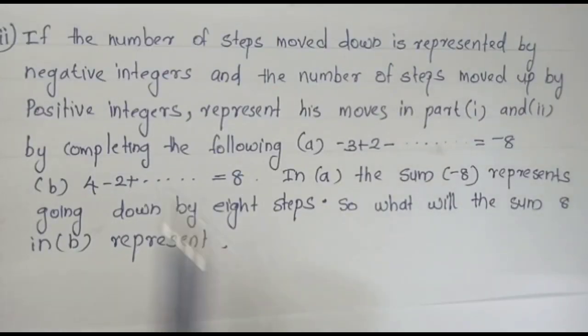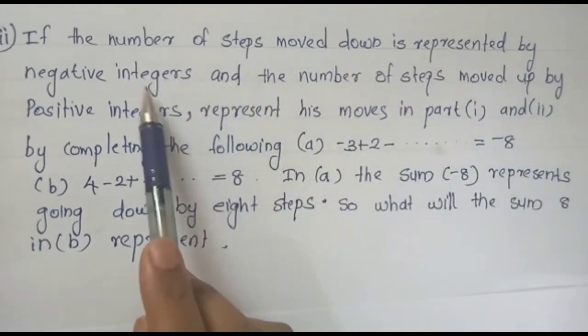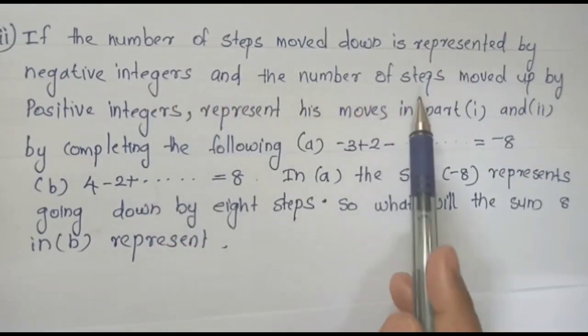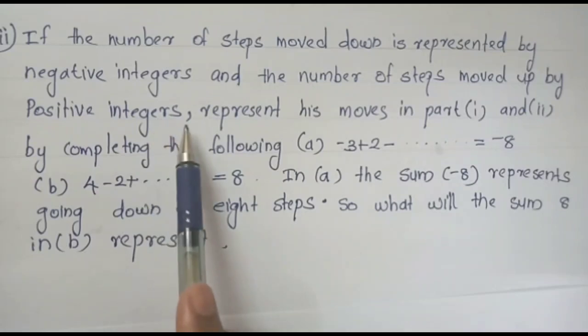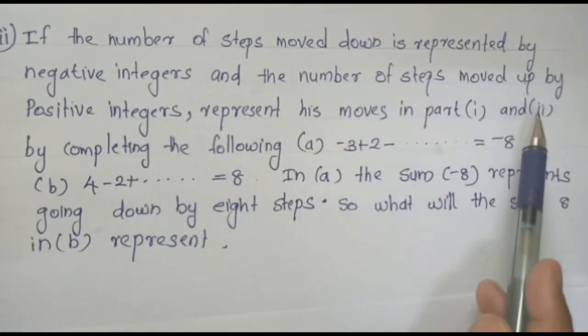Now part 3. If the number of steps moved down is represented by negative integers and the number of steps moved up by positive integers, represent his moves in part 1 and 2.